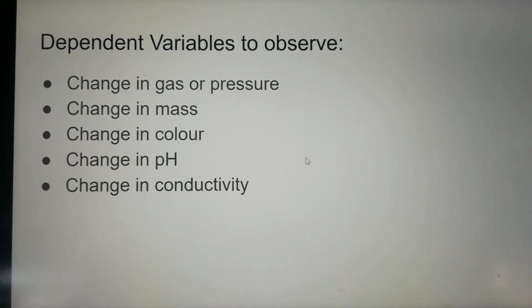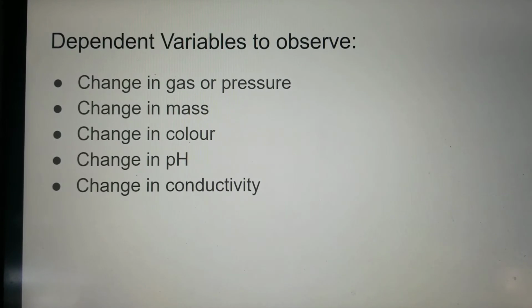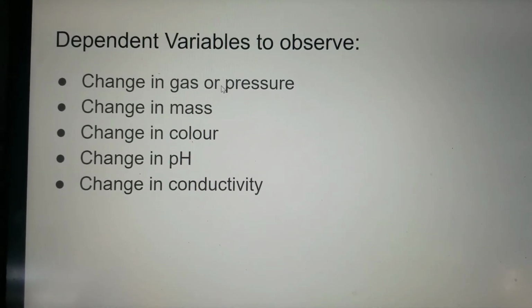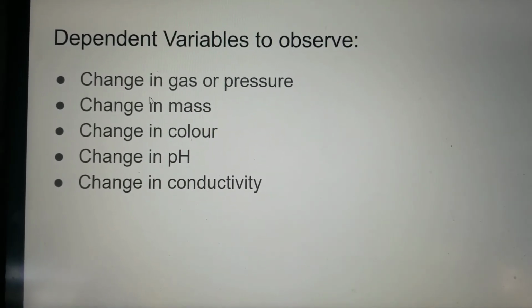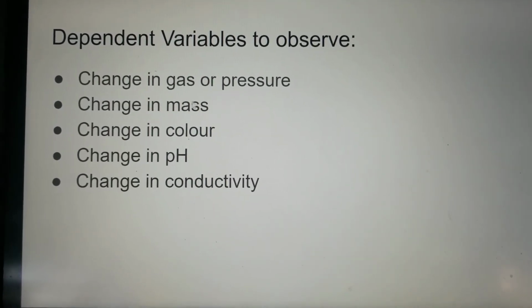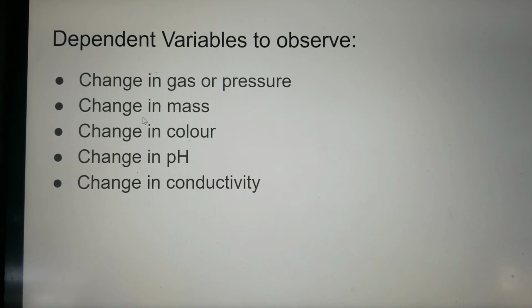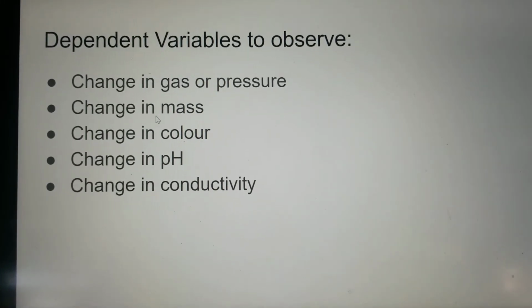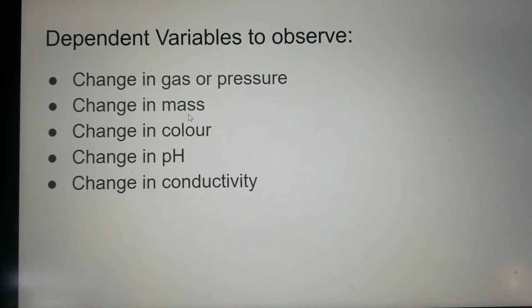What would you be measuring? What would be the dependent variables that you would potentially observe? You could be measuring the amount of gas or pressure that's being released. You can be measuring the mass, how the mass of the products change.